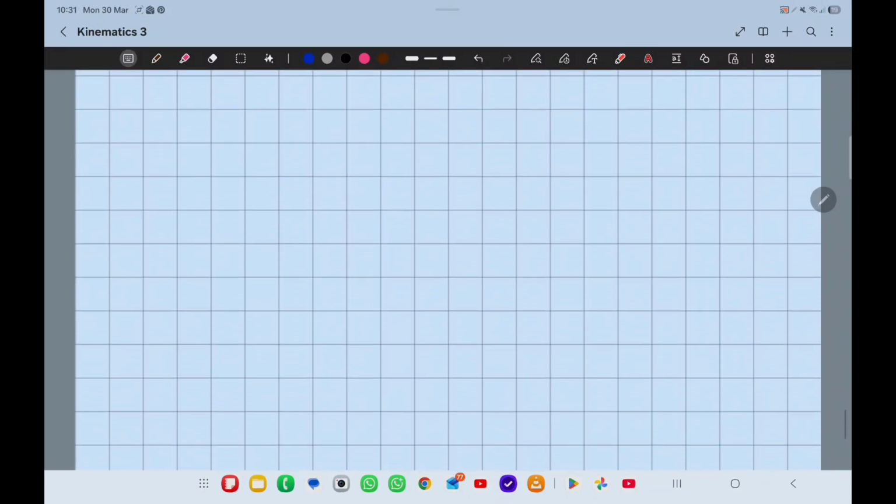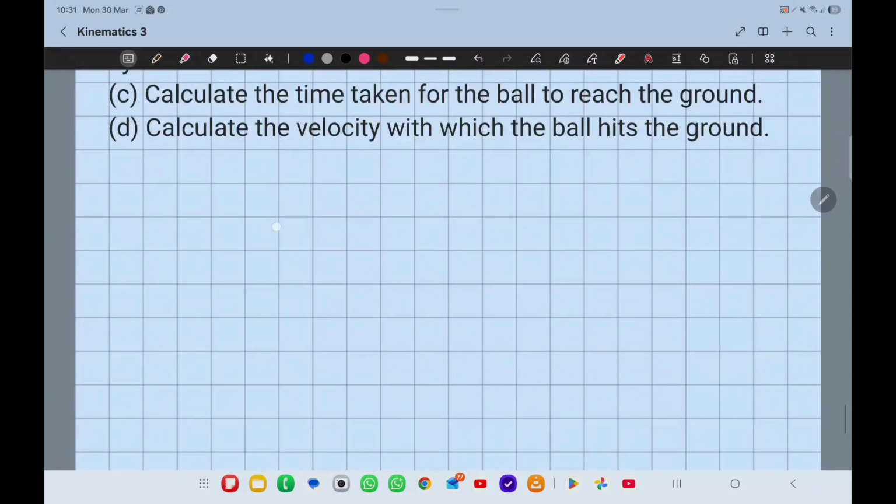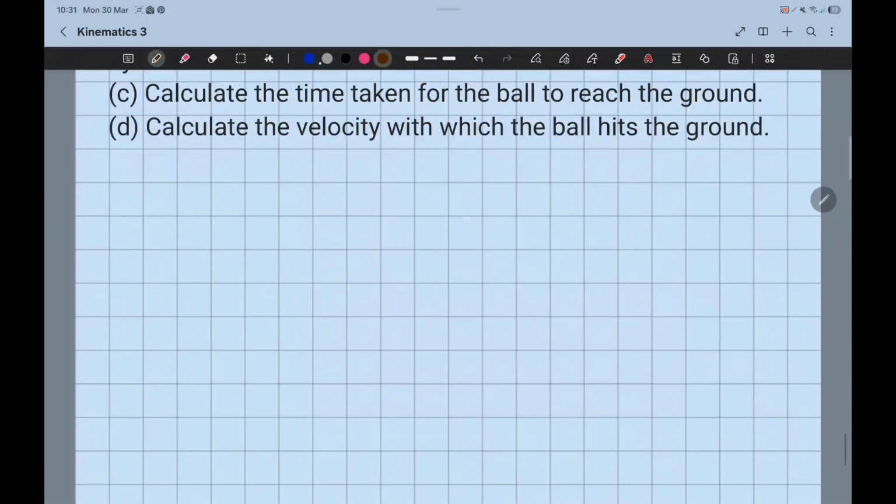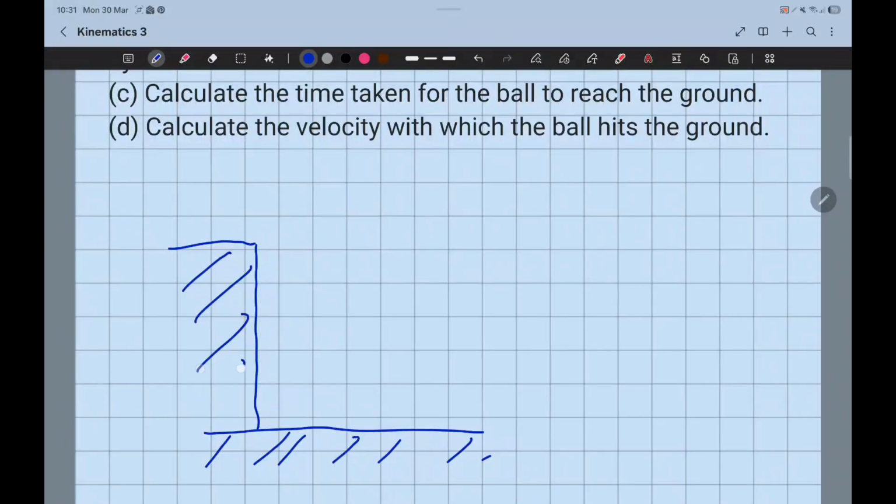So building here, all right. This is the ground, and then there is a building. Building height is equal to 40 meters.